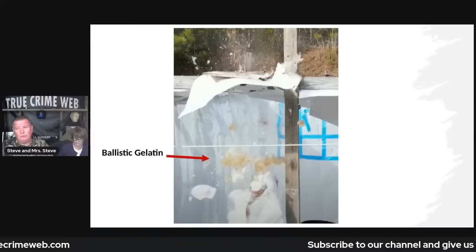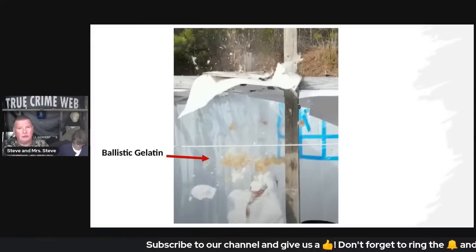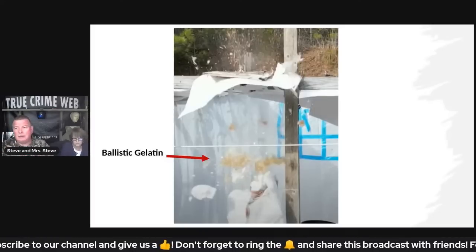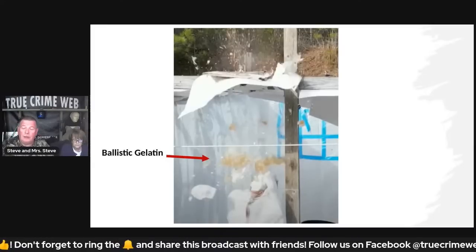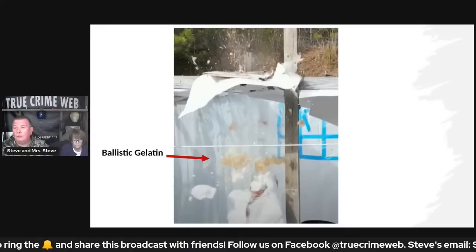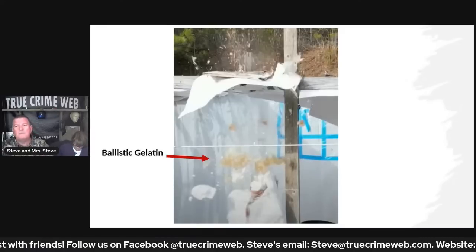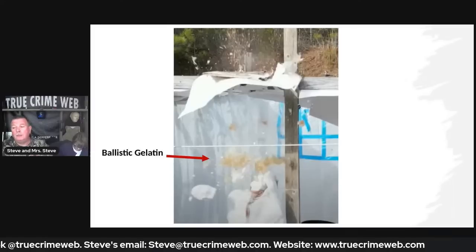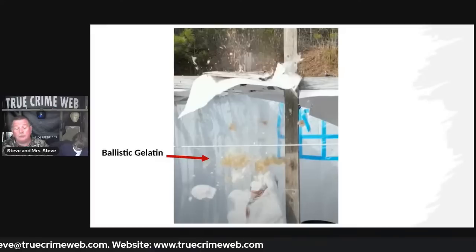But that is not a low velocity, medium velocity, or high velocity blood transfer. The low velocity can just be from falling blood due to gravity. Once it gets to a certain size, it'll drip away from the body, and you can be splashed with that. But that has a different size of blood pattern that is recognizable.